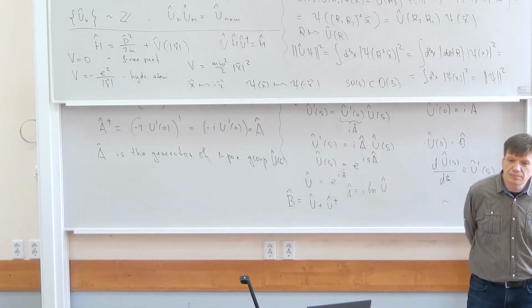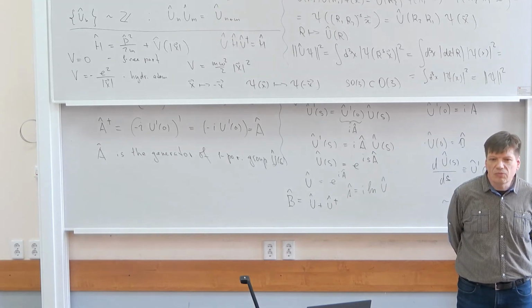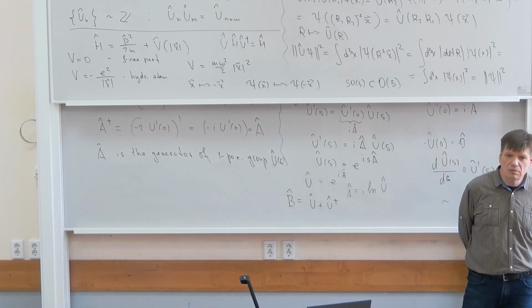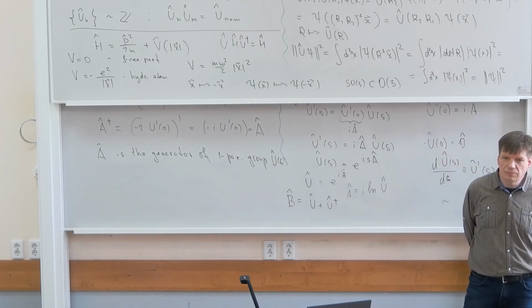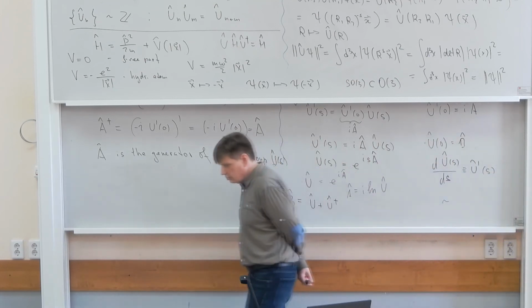Does it work for fields too? For fields? What do you mean? In field theory. In field theory, yeah, everything can also be translated into field theory. In field theory we also have symmetries and Noether's theorem.